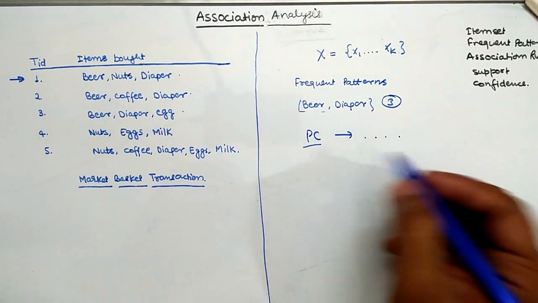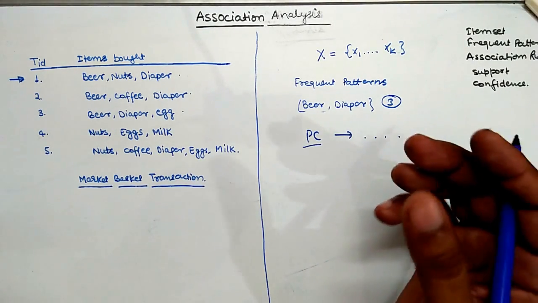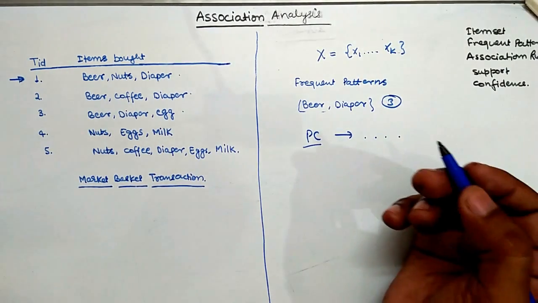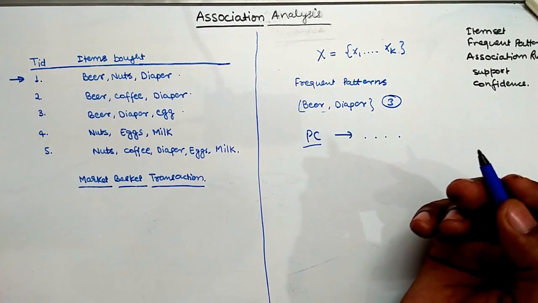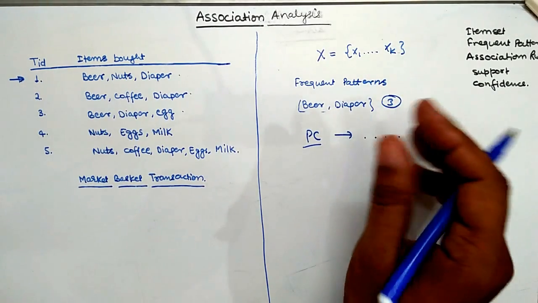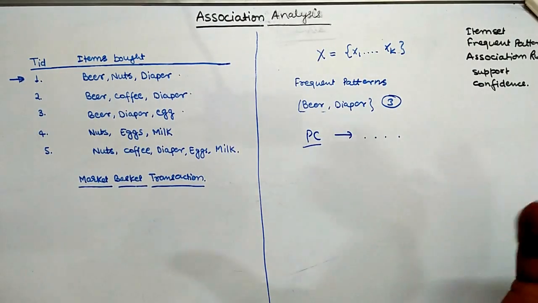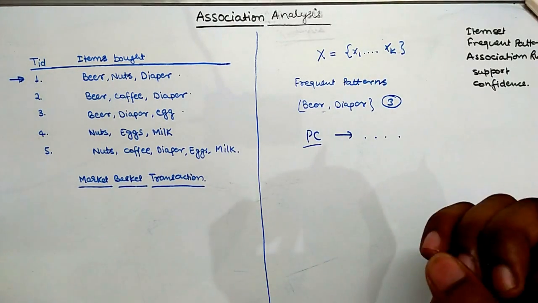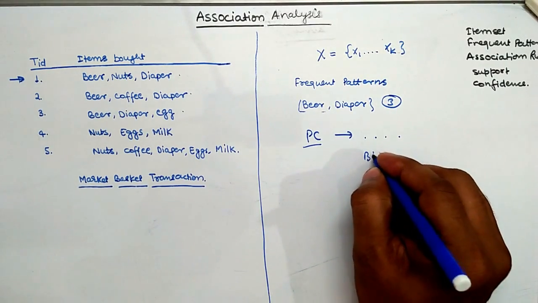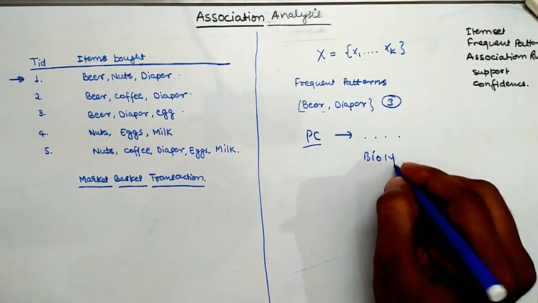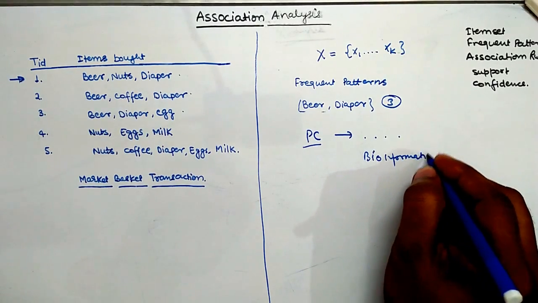This can be analyzed by mining the frequent patterns along with the PC. Or we can say that, instead of applying this concept in the market store, we can apply it in bioinformatics, because this type of concept can be used in any application area.